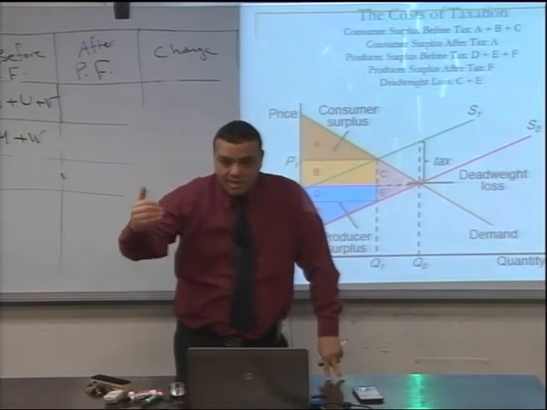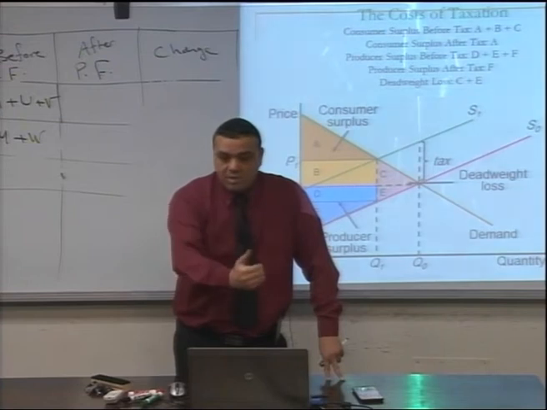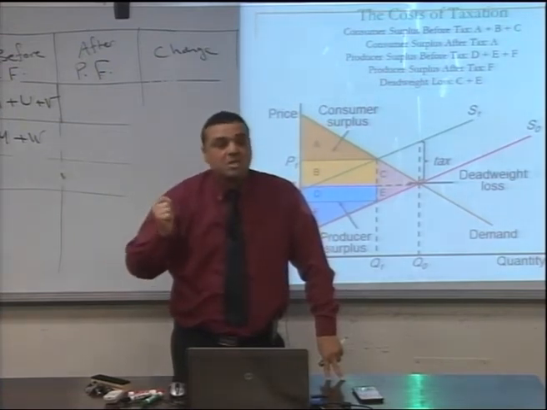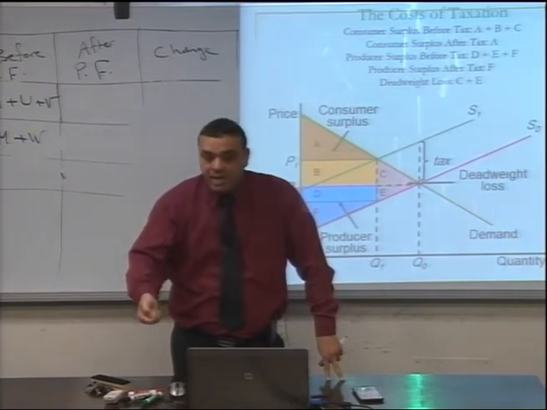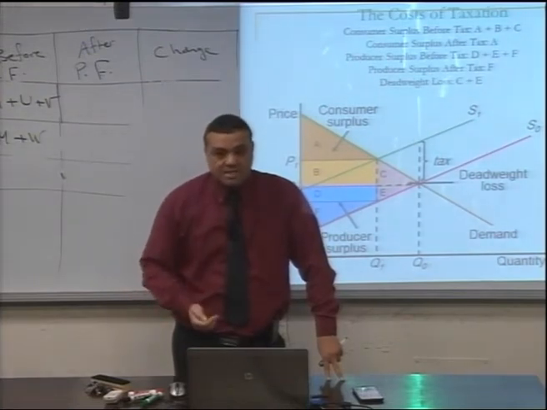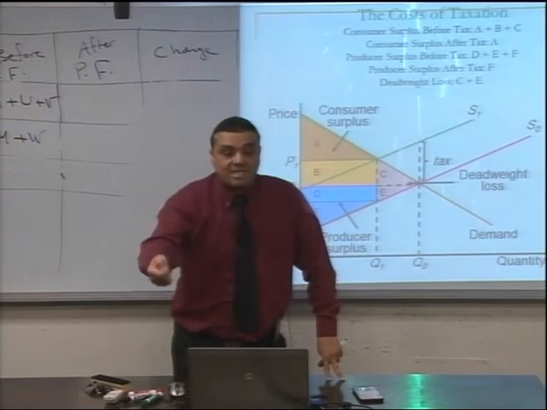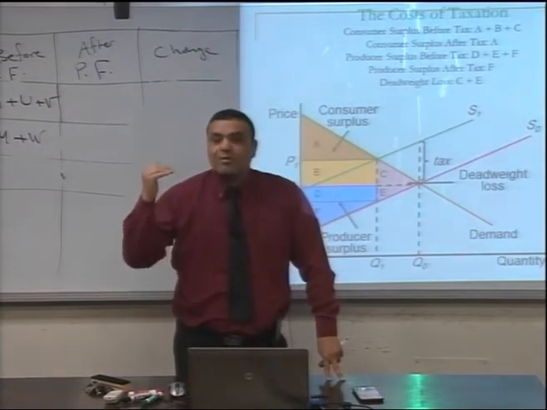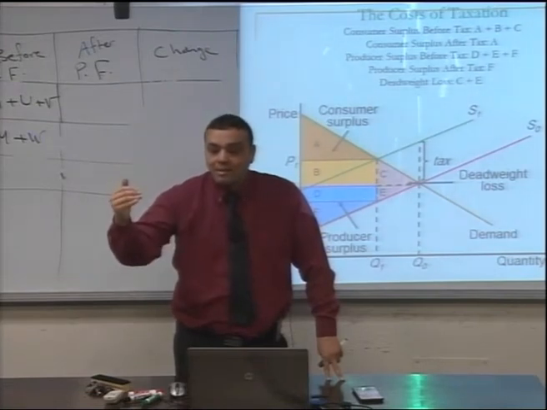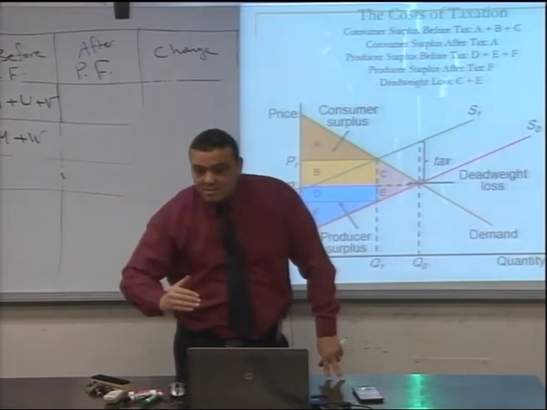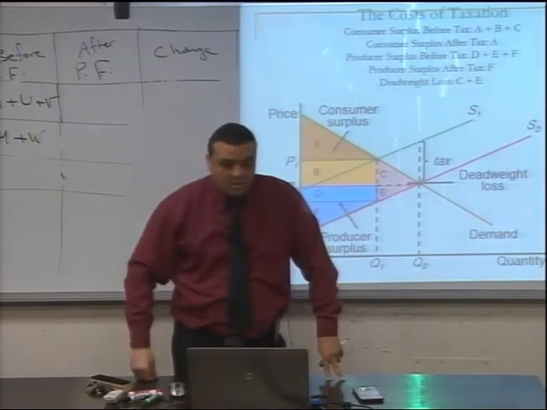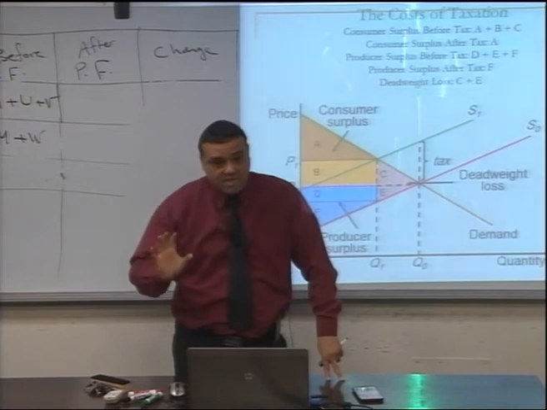Sometimes the consumer will lose and the producer will lose as well, because the consumer will pay more and the producer will get less. Let us assume the government decided to impose sales taxes on goods or services. The consumer will pay more, the producer will get less, and the government will get a share, the government tax revenue.